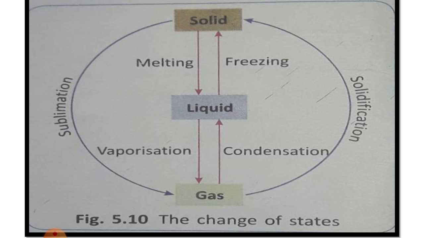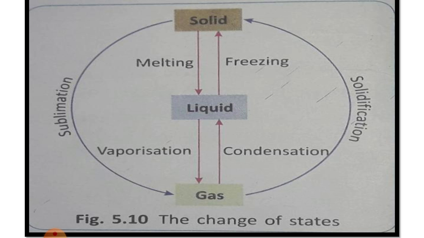It is known as vaporization. And the gas itself changes to liquid; it is also due to the change in temperature. The gas changing to liquid is known as condensation, and the liquid changing to solid state is called freezing. And the change directly from solid to gaseous state is known as sublimation.